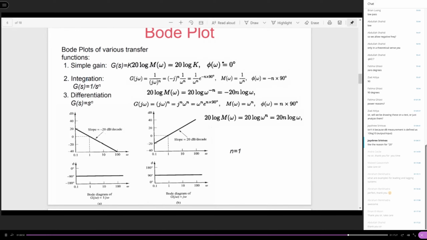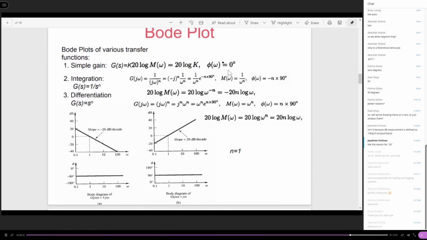For example, if you have a simple gain system, which means that G(s) is just equal to K, of course 20 log M(omega) is equal to 20 log K. You see, it's simply determined by the value of K. And what is going to be the phase? The phase is 0 because you only have a gain K. It's a real number.